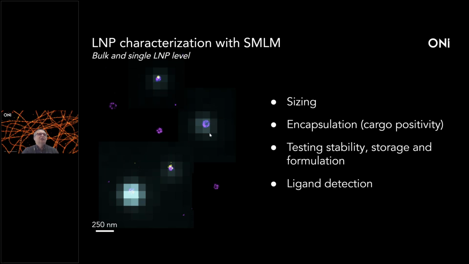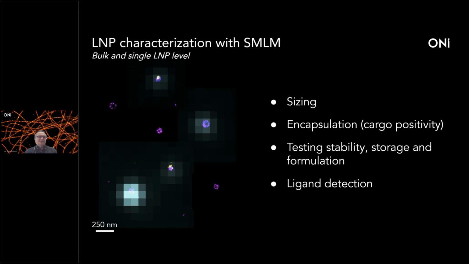In this case, we use diffraction limited imaging, and the overlap of the diffraction limited image with a lipid nanoparticle gives you information about your encapsulation or cargo positivity. You can also look for ligand detection, such as here at the top. You can see some particles which contain your ligand, in this case in yellow, and they are also cargo positive.